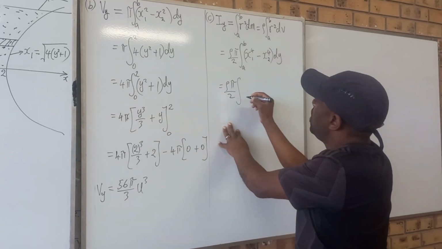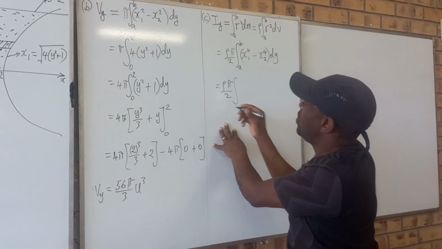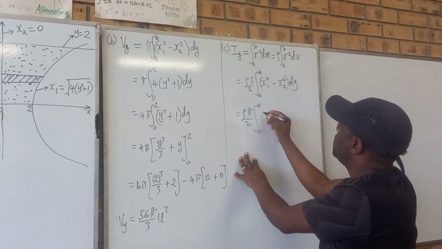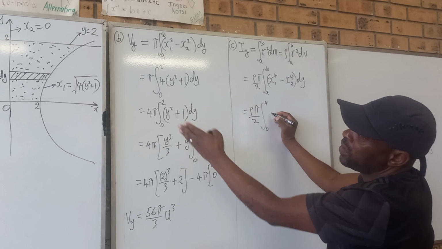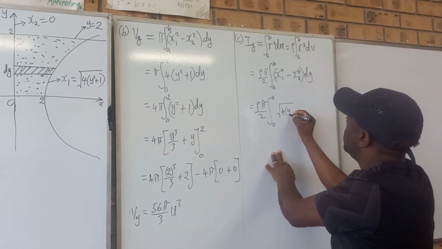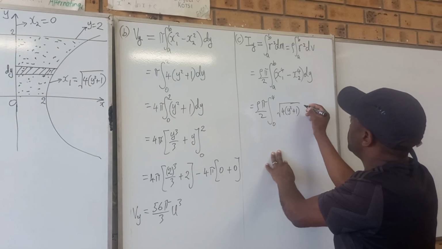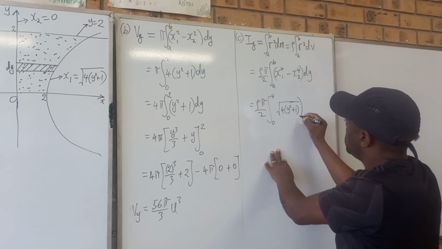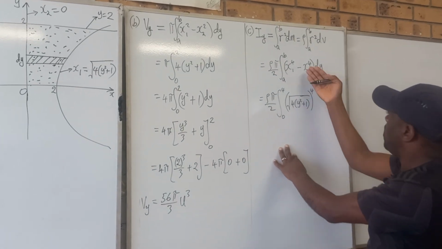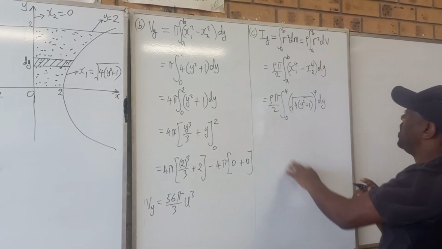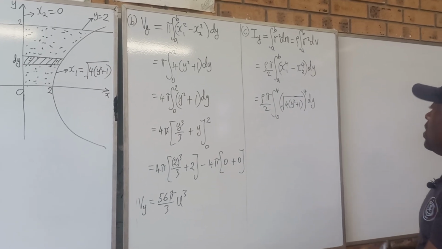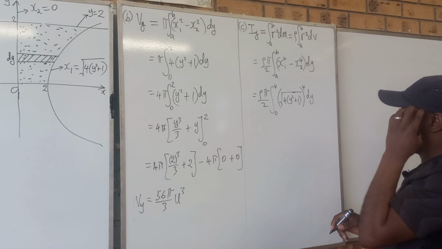Our a and b are the same a and b we used in the first part. So we'll now get our x1. Our x1 is the square root of 4 into y squared plus 1. That's our x1. Now we'll have to raise this to the power 4. If we raise it to the power 4, our x2 is 0, making life easy for us. You must remember that the power 4 is like the power 2 times 2.